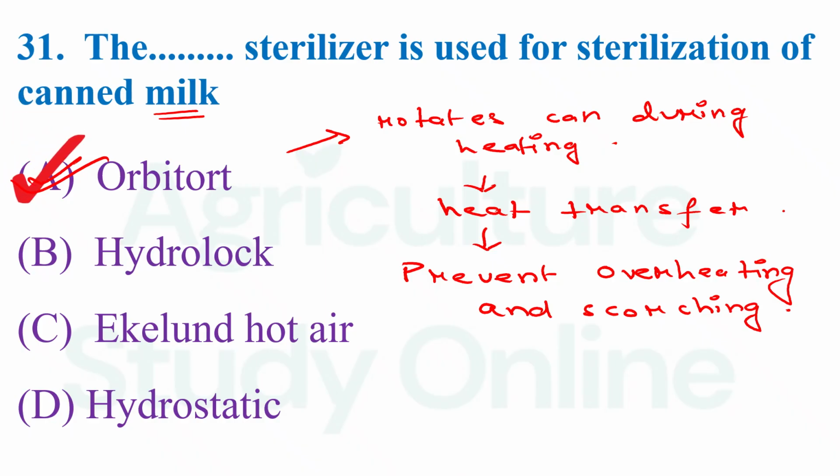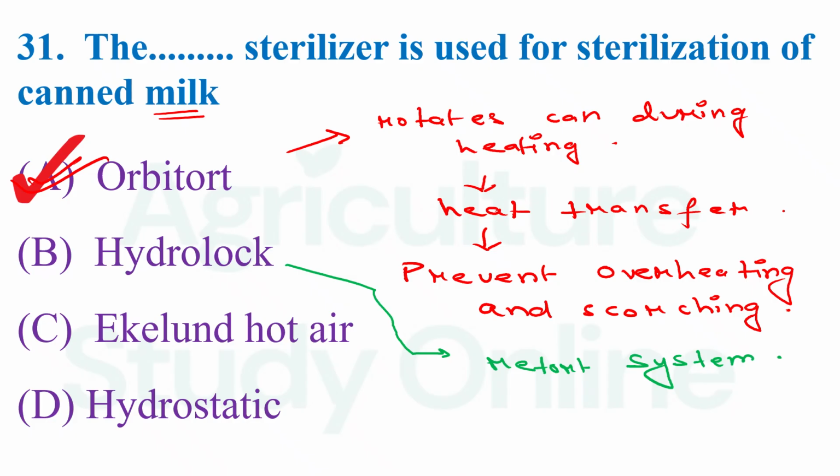Whereas hydrolock is a type of retort system, which is used for continuous sterilization.